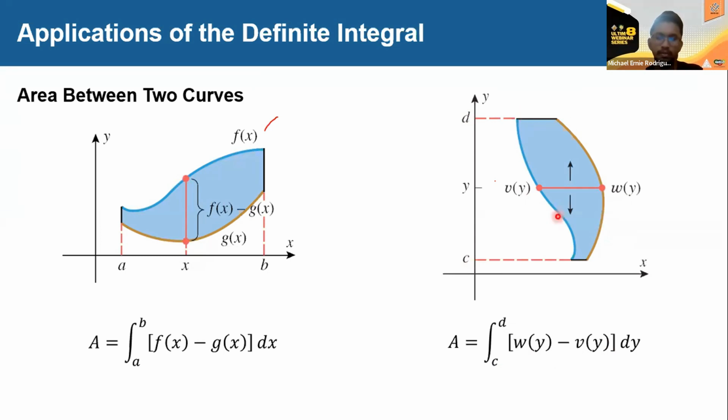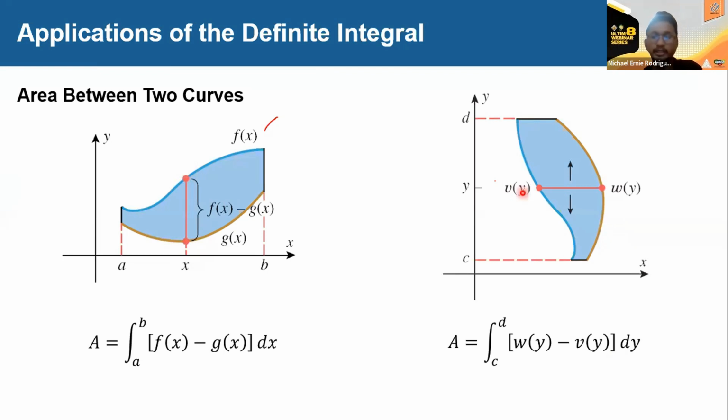So dito we can use yung right curve natin and then the left curve. So we can have this as the right curve minus the left curve. Okay? So ganun lang siya. So upper minus lower and then the right minus the left. That is for the area between two curves.